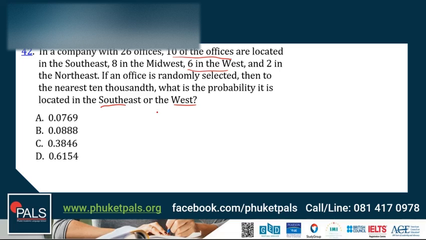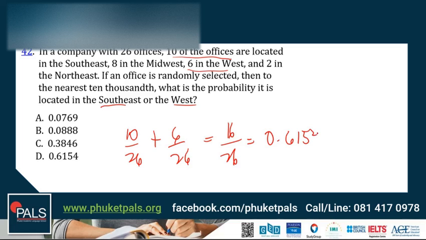So all we need to do is add the two probabilities. Southeast, 10 out of 26, plus west, 6 out of 26. So we've got 16 over 26. Then using a calculator to find the decimal equivalent, we've got 0.6154, letter D.